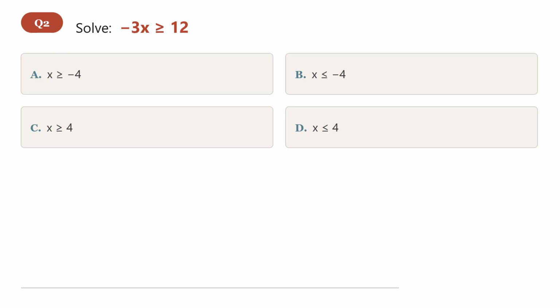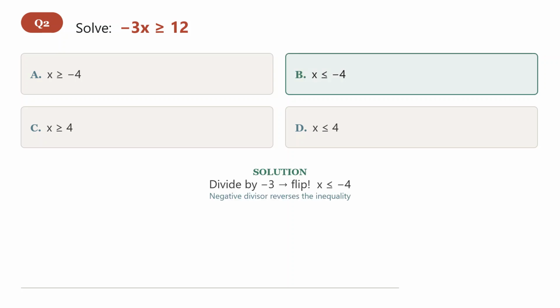Question 2. Solve negative 3x greater than or equal to 12. Pause. The answer is x less than or equal to negative 4. Divide both sides by negative 3, which flips greater than or equal to less than or equal to, giving x less than or equal to negative 4.